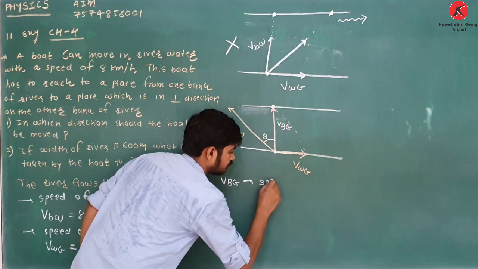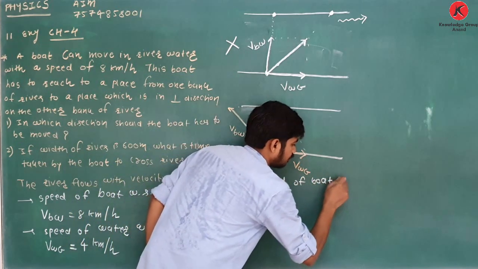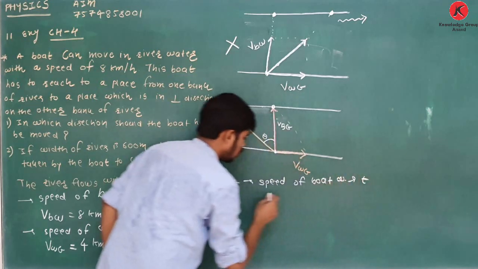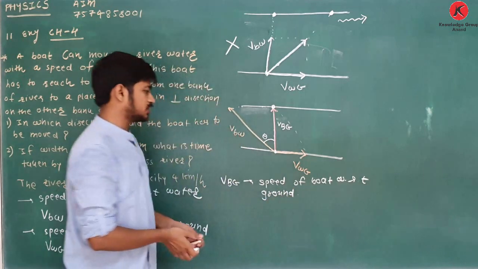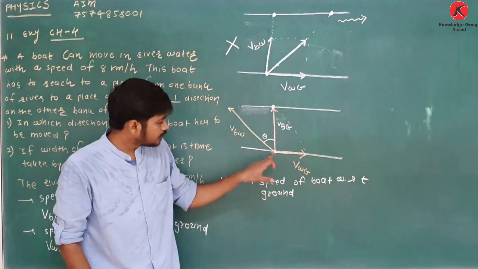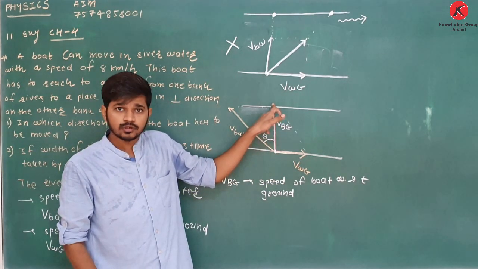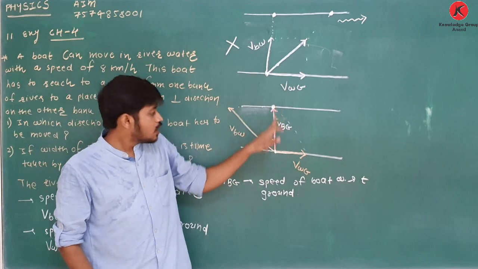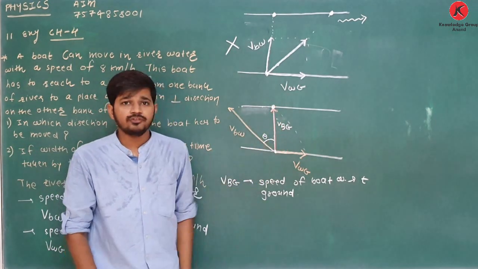VBG is the velocity, or I can say the speed, of the boat with respect to ground. Now you may ask me one question: sir, why find the speed of the boat with respect to ground? It is a point on ground. It is also a point on ground. The boat has to move from one point on ground to another point on ground. So we have to find VBG.